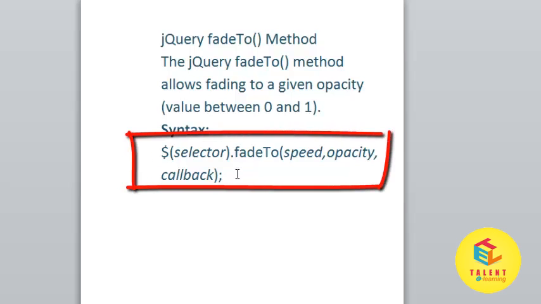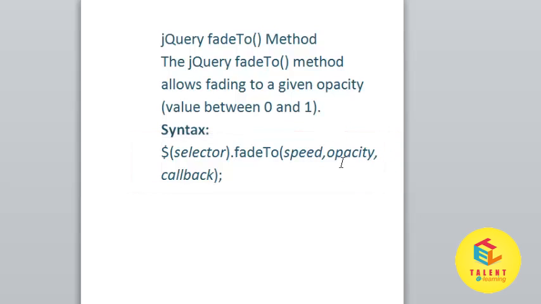This is the syntax for the fadeTo method: dollar, selector, dot, the name of the method which is fadeTo. Inside the parameter you can pass speed, opacity and callback function. Here in opacity you can pass the value between 0 and 1.